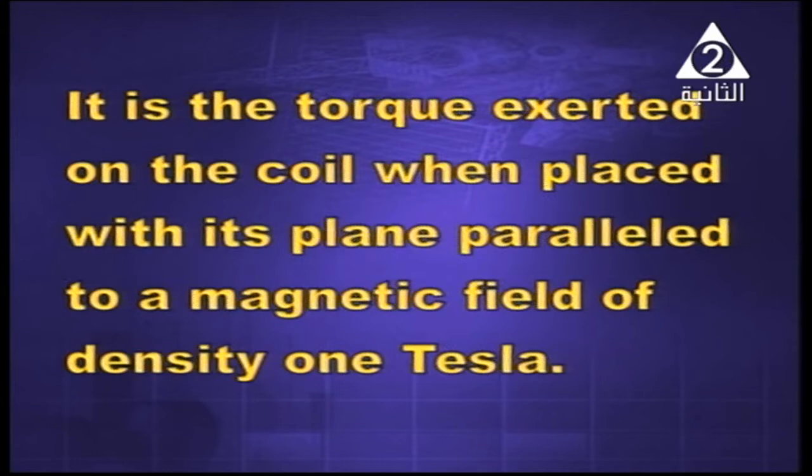Let me say it again. It is the torque exerted on the coil, when placed, so the coil should be placed with its plane parallel to the field, placed in the horizontal position. The torque exerted by magnetic field of density 1 Tesla.